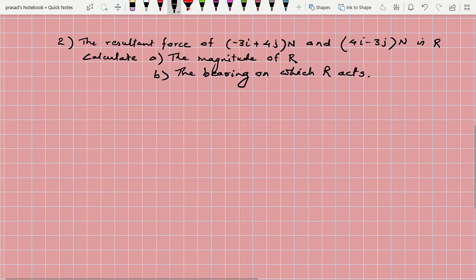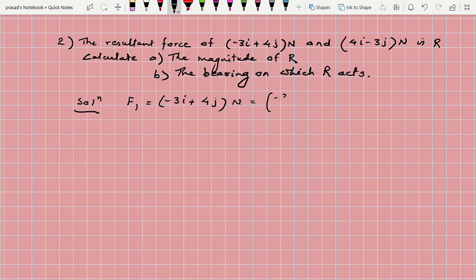Okay, so let us take F1 as negative 3i plus 4j Newton, or that is (-3, 4) as a column vector. F2 is 4i minus 3j Newton, that is (4, -3).